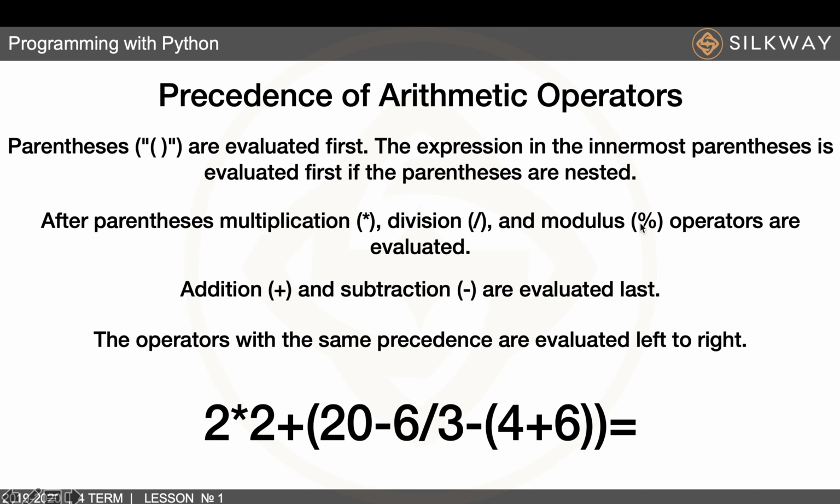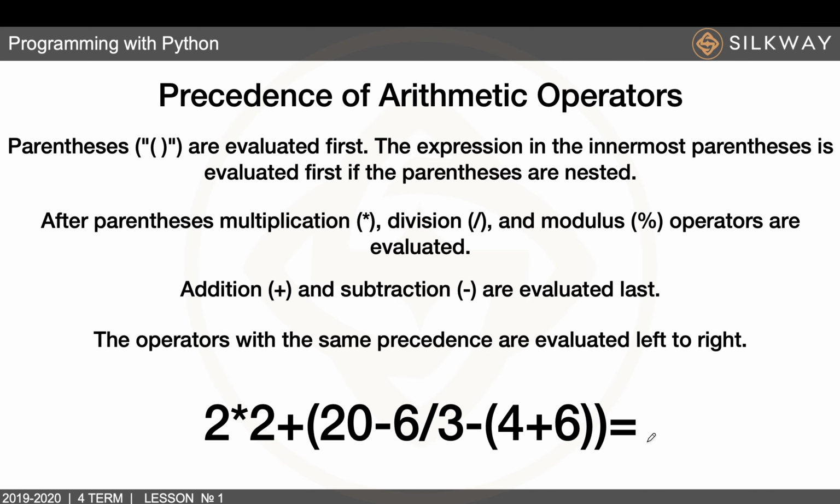Modulus is also more powerful than addition and subtraction. After this we evaluate addition and subtraction, and at the end we have to go from the left to the right.